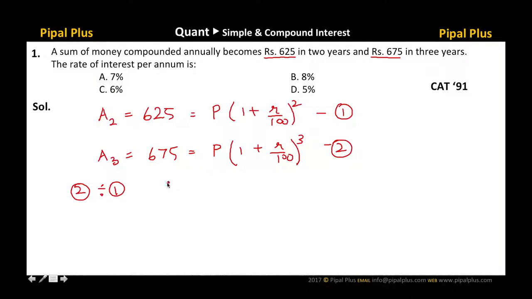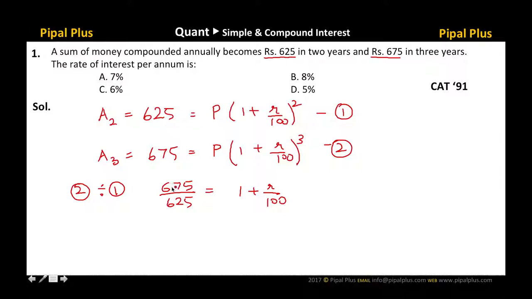The left hand side is 675 divided by 625, and the right hand side is the whole thing divided by the whole thing. You notice that the P and P will cancel, and (1 plus r by 100) squared and (1 plus r by 100) squared will cancel, and all we are left with is 1 plus r by 100.